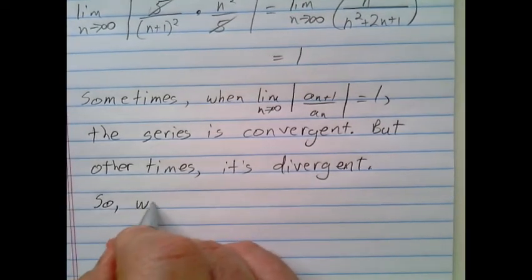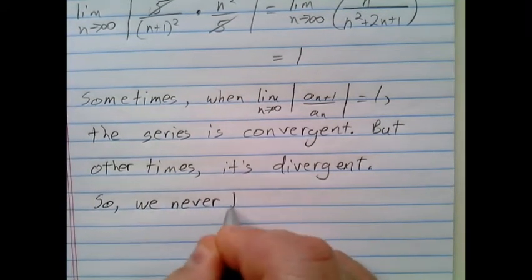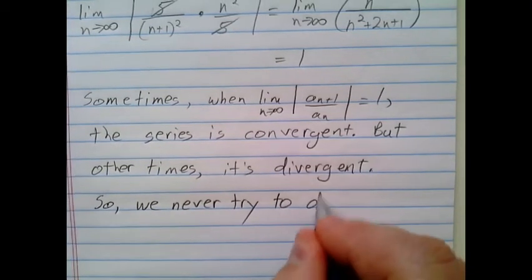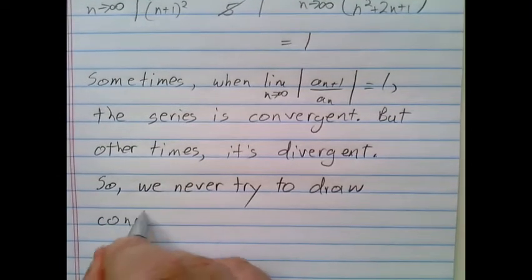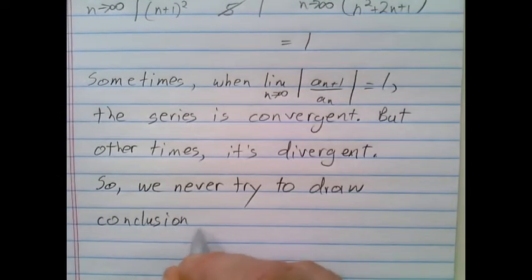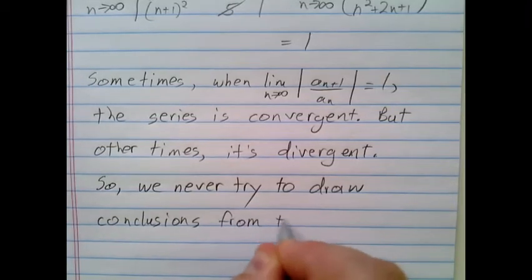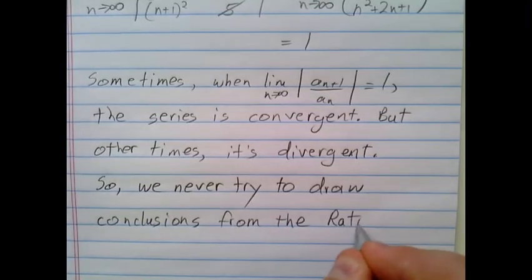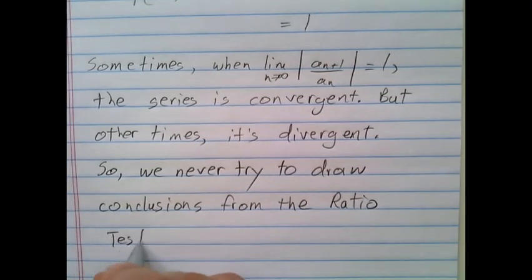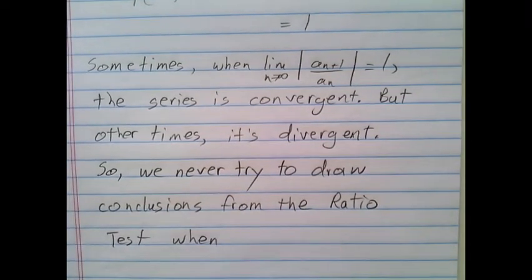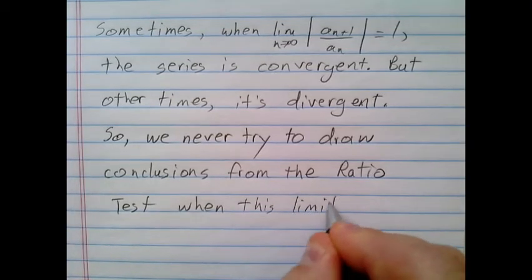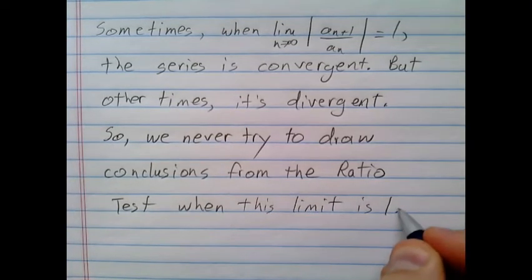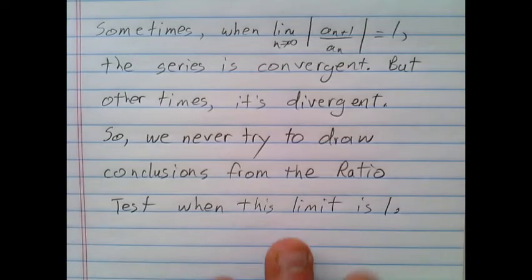So we never try to draw conclusions from the ratio test when this limit is 1. Okay, but let me tell you what the real problem is.